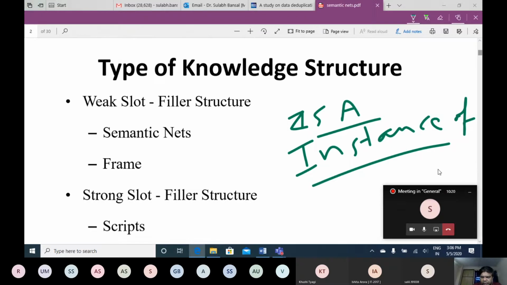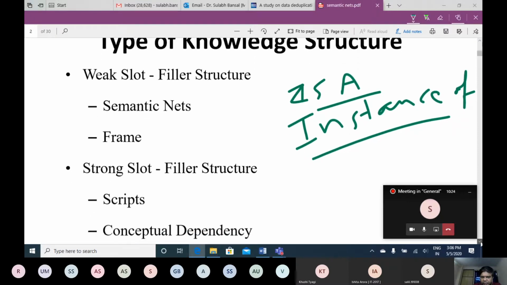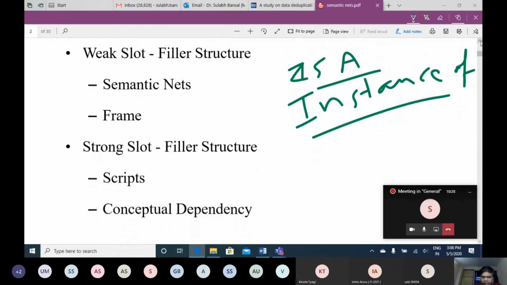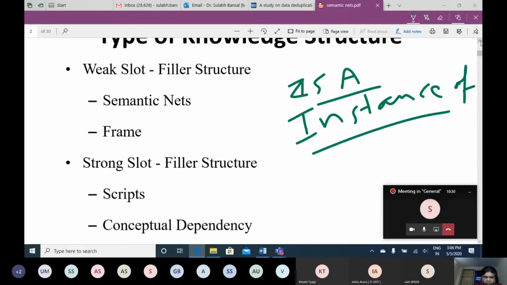according to our requirements. Similarly, the knowledge can be represented in the form of similar structures, and they are basically classified in two ways on the basis of weakness and strongness of those structures. Weak structures are more generalized.